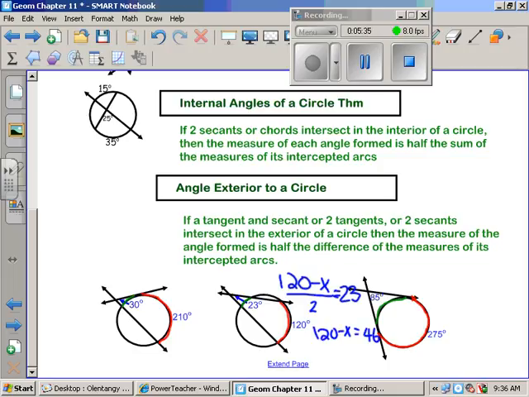Subtract 120 and I get negative x is equal to 46 minus 120, which is negative 74. So x is 74. So this green arc is 74 degrees. Okay? Make sense? Yes. All right.